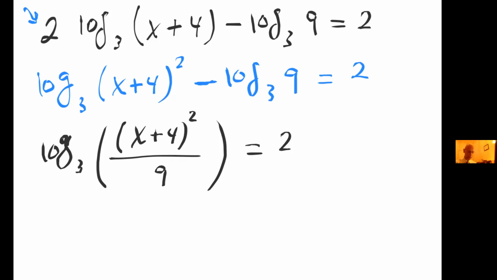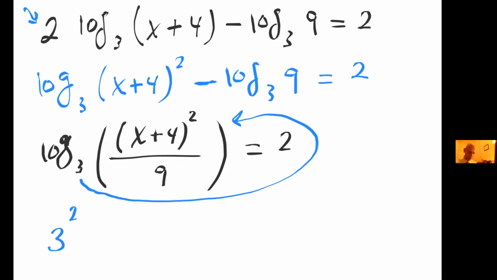Now I can claim that this base to this power equals the argument of the logarithm. In other words, I can say that 3 to the power of 2 equals (x + 4) to the second over 9.